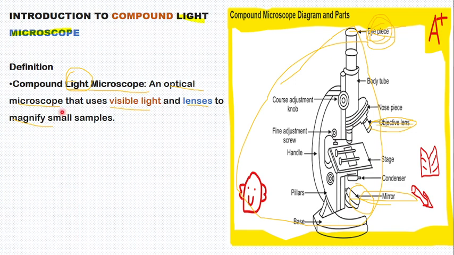Let me repeat the definition of a light microscope. It is an optical microscope which uses light and lenses to magnify a small sample. If you have stool and want to observe bacteria, you prepare a slide, as I told you, and put it on this stage. Then you put your eyes on the eyepiece and observe what is inside your slide.